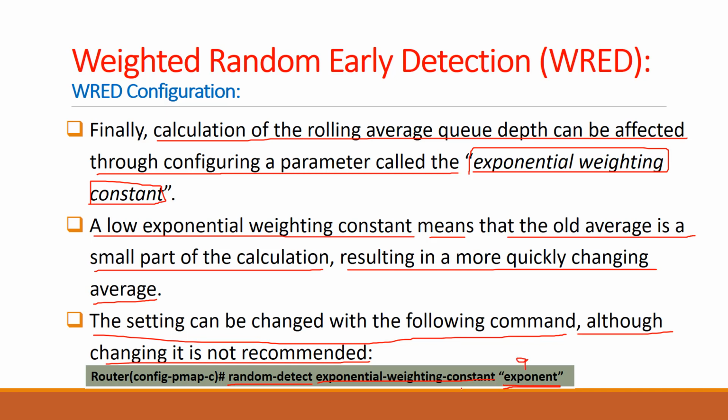And if you configure it, for example, lower than 9, the value of the average queue will react more quickly. Meaning that the number of packets that will be discarded will be quicker than with the value of 9.